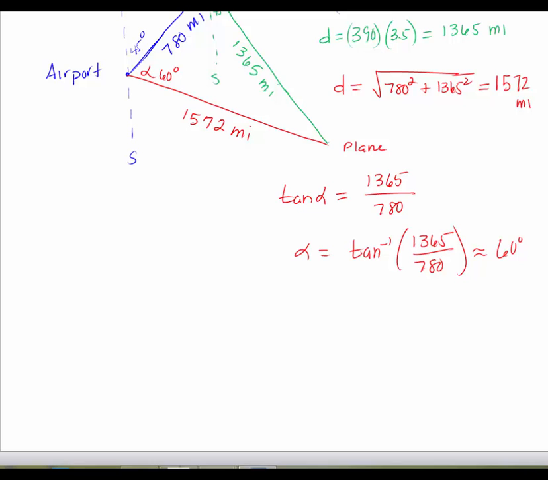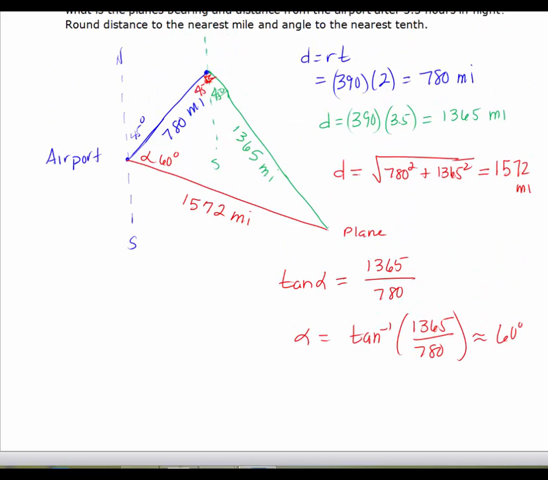Now the 45, this angle now from here to here is 105, if we take the 45 plus the 60. So this is too big to go from the north. So we want to find, let's call this little angle in here beta.